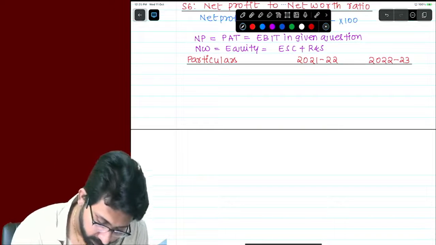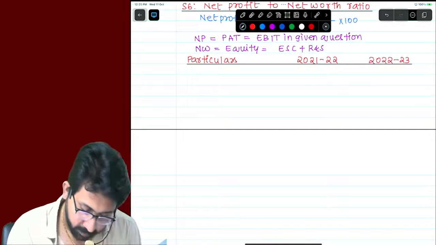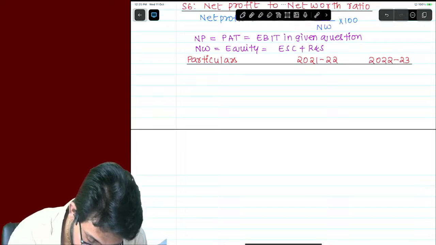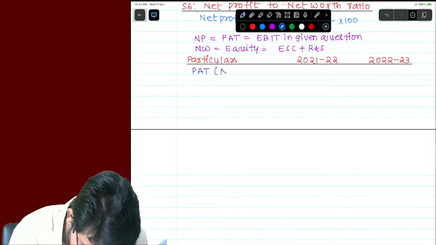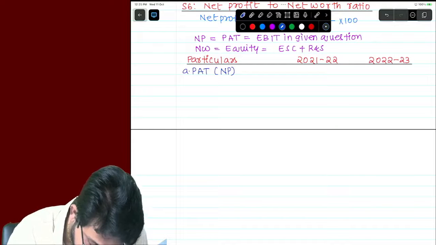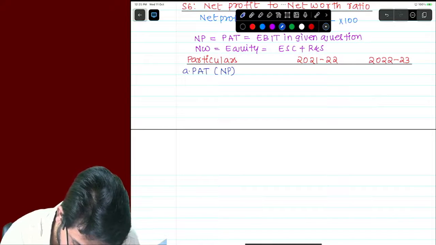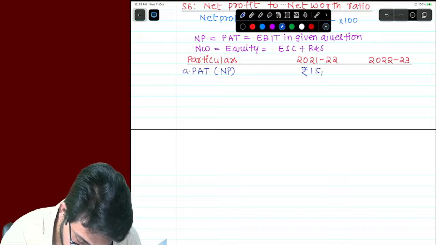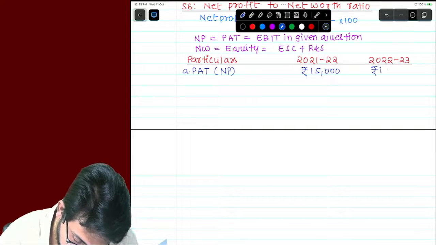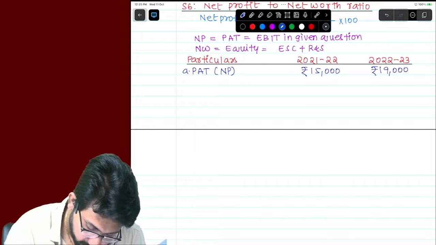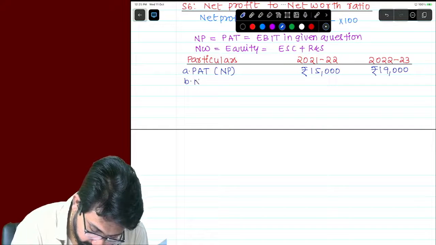What is the profit after tax, the net profit? See the question and tell. Rupees 15,000 and 19,000.